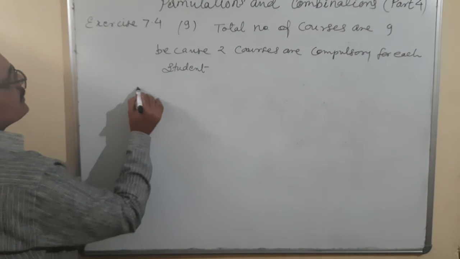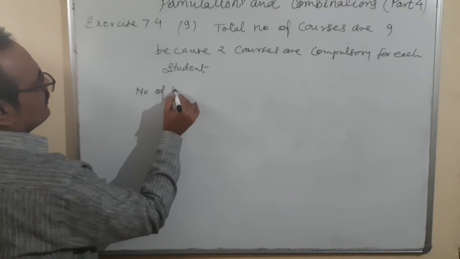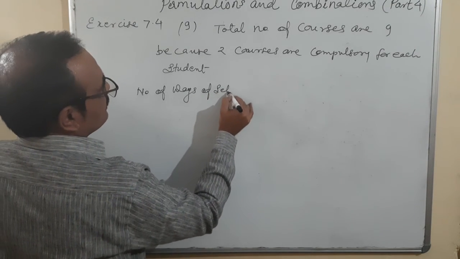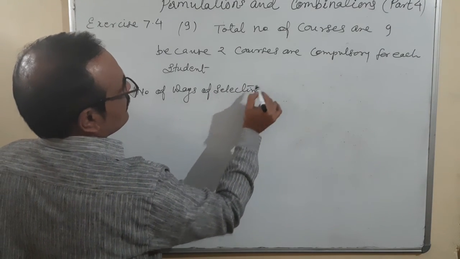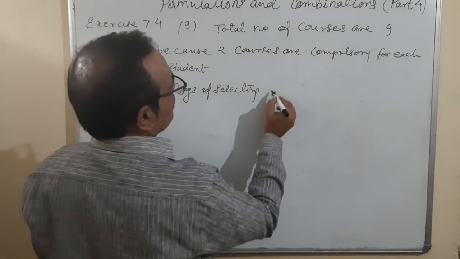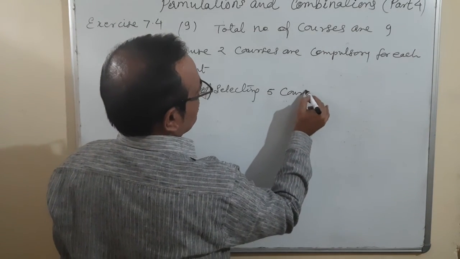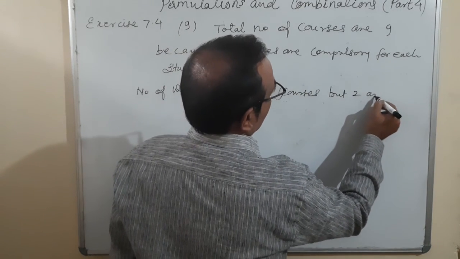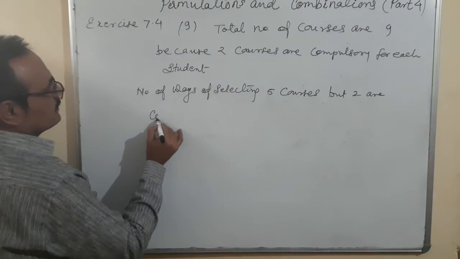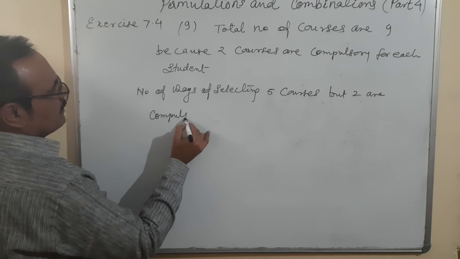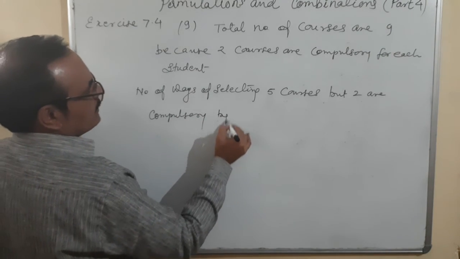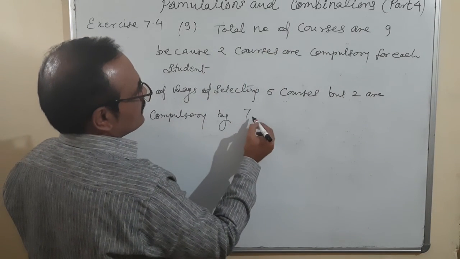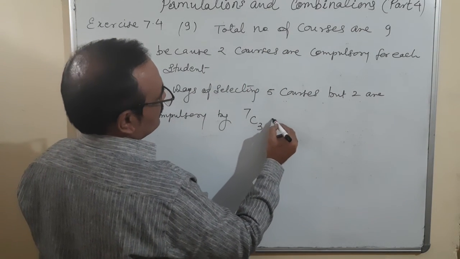So the number of ways of selecting 5 courses, but 2 are compulsory, is 9 minus 2, 7, C, 5 minus 2, 3.